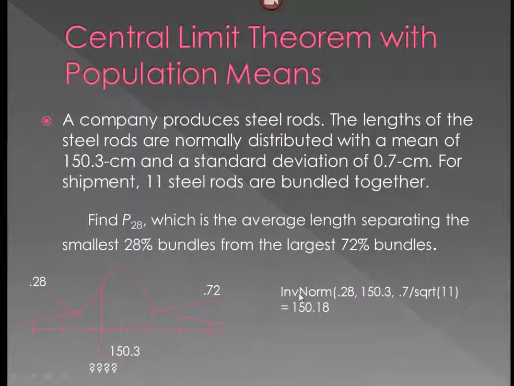In invert norm, the first thing we put is what the area would be to the left of the value we're after. In this case, they told us 28%. So we put 0.28, and we put the mean, and we put the standard deviation. But remember, in this case, the standard deviation is not just 0.7, but 0.7 divided by the square root of my sample size, which is 11. We find it's 150.18.